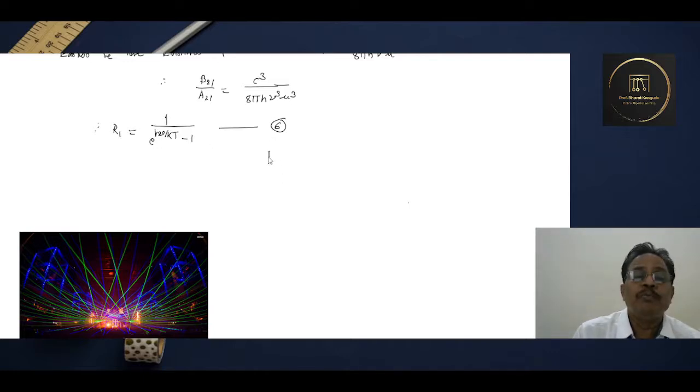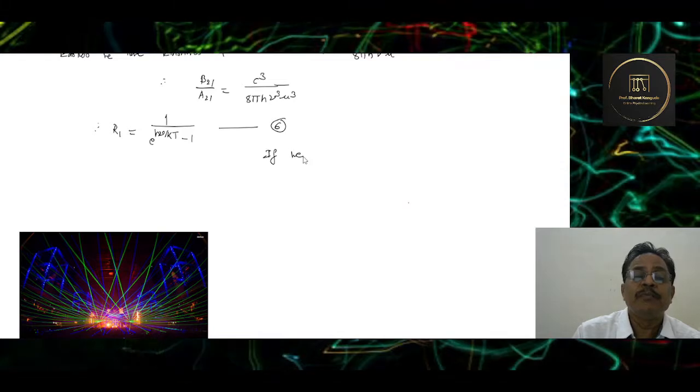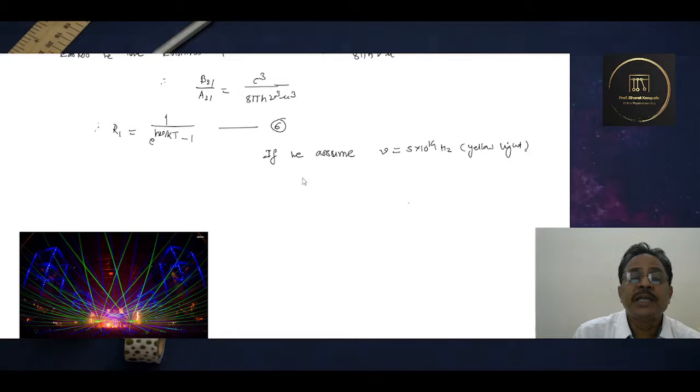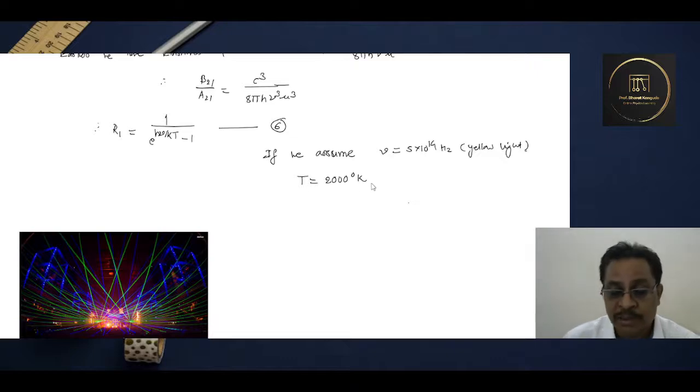If we assume, these are the numbers I am taking from the book, some simple numbers here, let's take this frequency nu equal to 5 into 10 raised to 14 hertz. Now this is a typical yellow light in the optical spectrum. Let's take this temperature to be very large, almost 2000 degrees Kelvin.